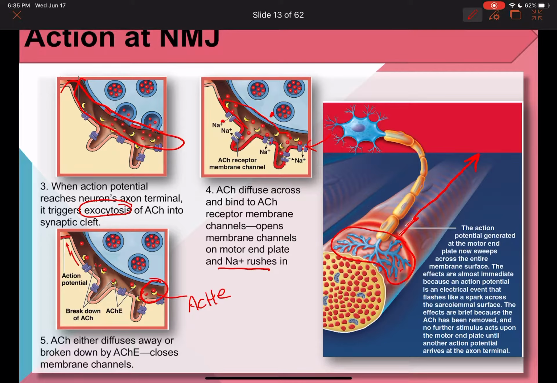No ACh, and there won't be any more ACh release because the action potential stops on the neuron side too, and the signal relay from the neuron to the muscle fibers will stop. And that's when your muscle fiber is able to rest and relax and go through the relaxation stage of the muscle contraction cycle.